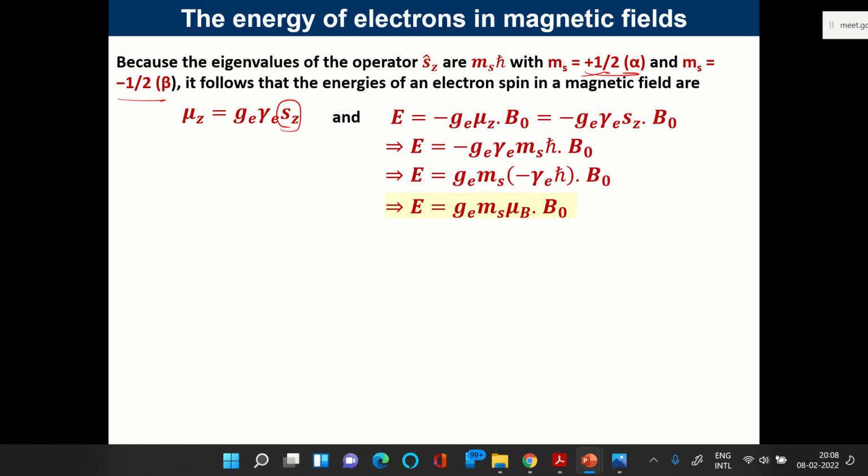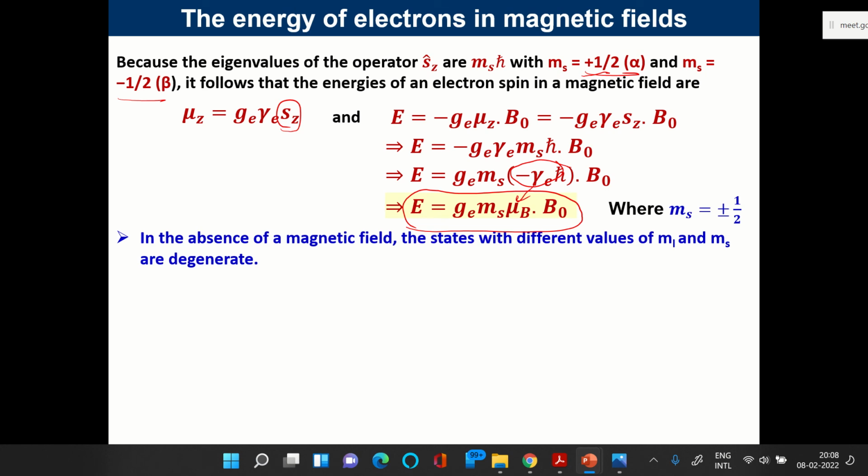Based on that you can again calculate the energy with the Bohr magneton. In the absence of a magnetic field, B is 0, both have the same energy, there is no difference.